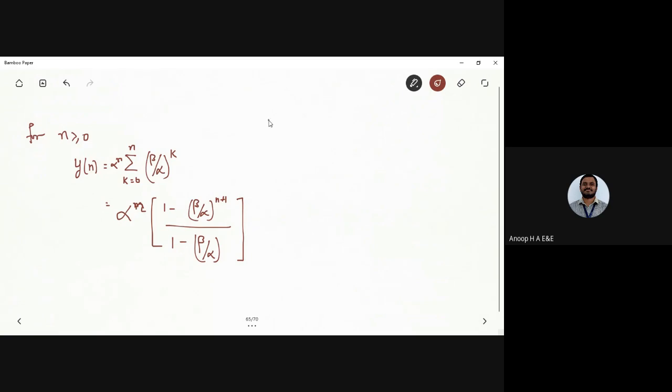Now what happens if alpha equals beta? What happens to the output? Let me take this output equation, which is given as k equals 0 to n of beta by alpha, and I'll be taking it as 1 power k.